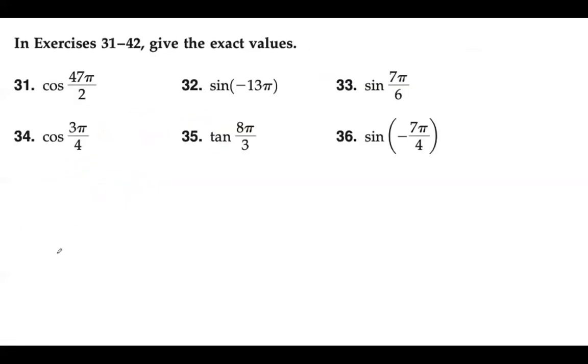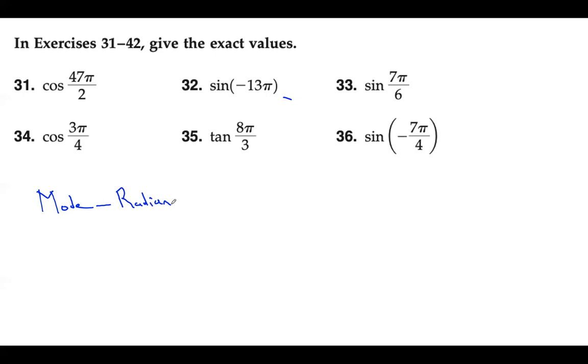The next question, for these questions, you can use the calculator and also you can solve them without a calculator. But I will show you the way of the calculator. Firstly, if you check these numbers, all of them are in radians, not degrees. So the first thing, I don't know what kind of calculator you have, but go to the mode and make the mode of the calculator radian.